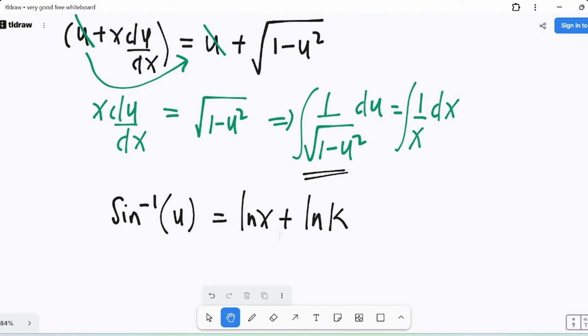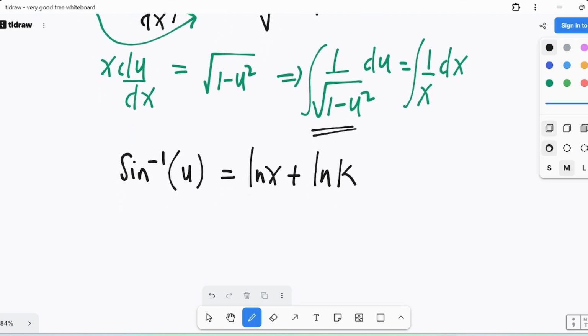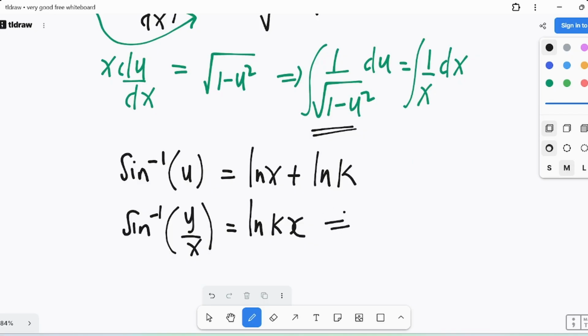So going further, we can have sine inverse of u, our u is y out of x, is equal to ln of kx. Now we can go ahead and simplify this to becoming y out of x is equal to sine of ln kx.